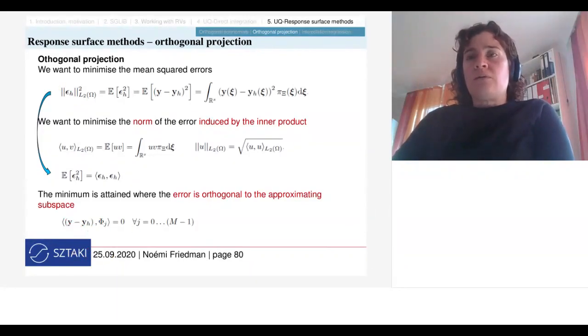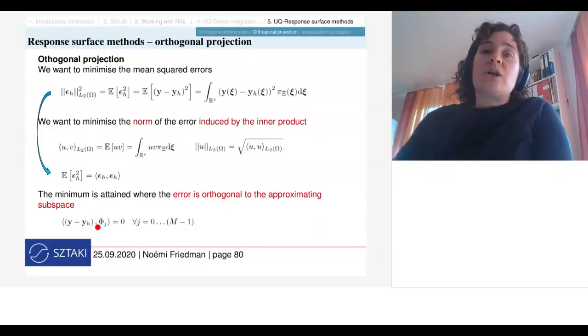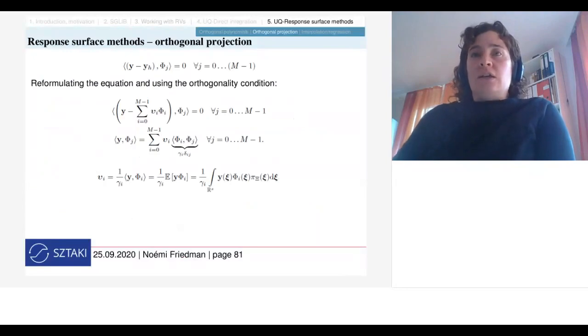Good. Now I can write this down. What does it mean to be orthogonal to the subspace? It means orthogonal to any element of the subspace. And the subspace means all those elements that can be written as a linear combination of those orthogonal polynomials. If I write all possible functions as linear combinations of those, then I can just show the orthogonality to all the basis functions, and then any element which is written with a linear combination will be orthogonal to that.